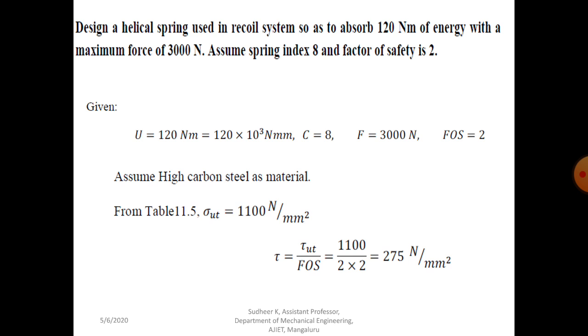Some of the problems will not give you the value of shear stress or value of modulus of rigidity. In that case, always go for the material used for spring, high carbon steel. In your data book, there is a table, Table 11.5, from page number 190.